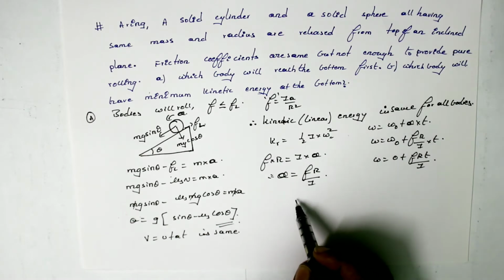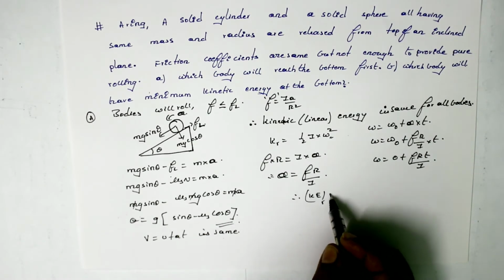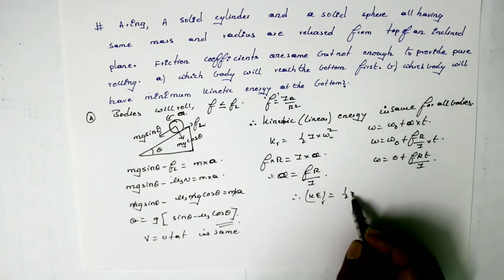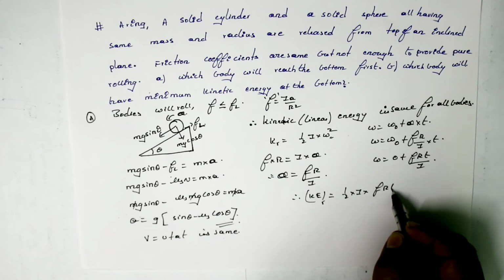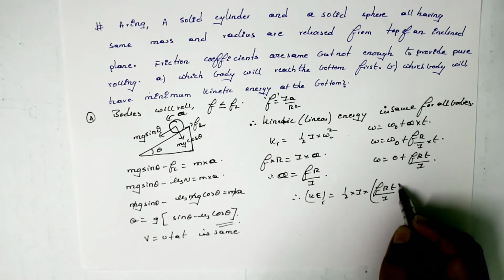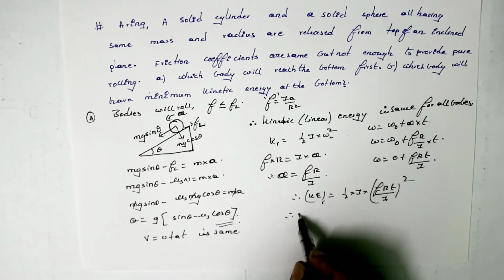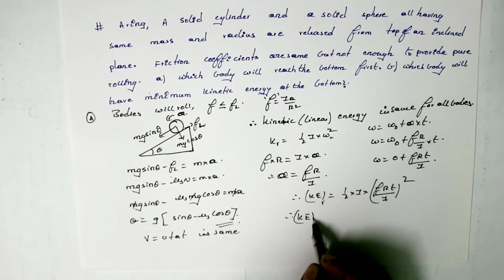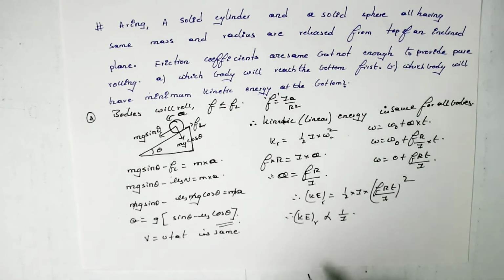Therefore, if I substitute in the rotational kinetic energy equation, kinetic energy rotational is equal to half into I into omega square, so FRt divided by I whole square. Here I have I square, here I have I. So I can write rotational kinetic energy is inversely proportional to moment of inertia.